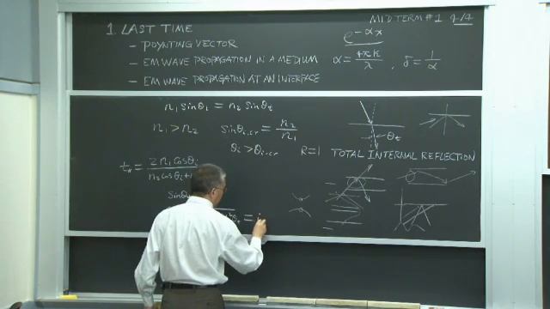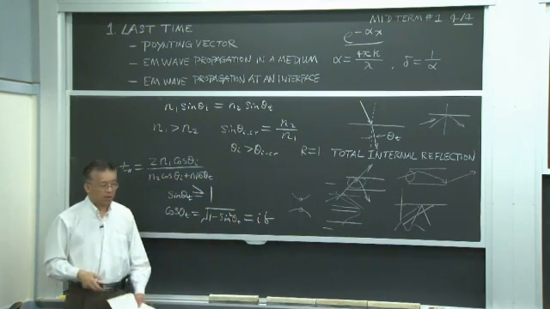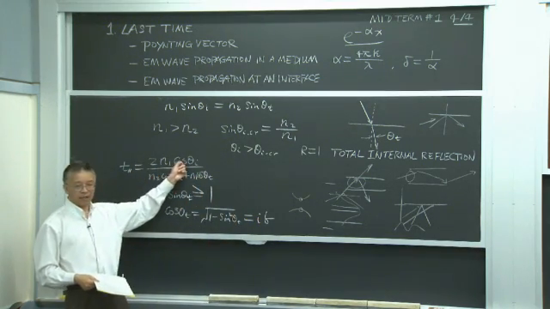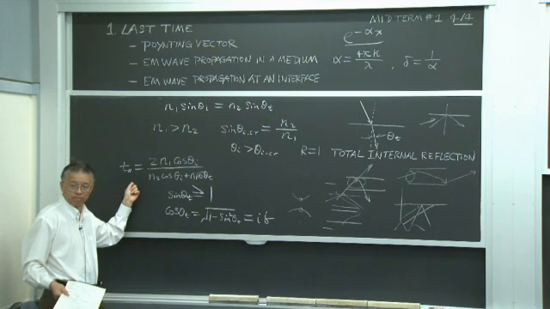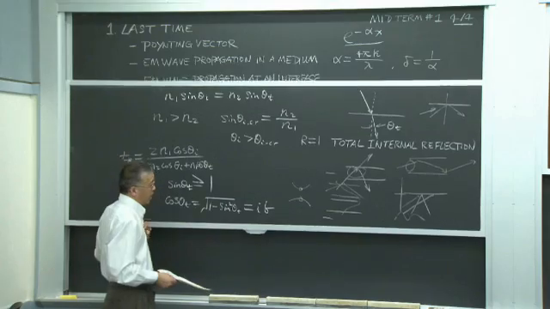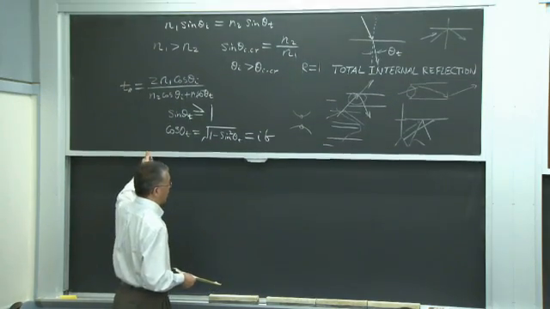So let's say it's i times B. So I substitute this back into the transmission coefficient. It's not 0, right? And I look at the field on the other side.